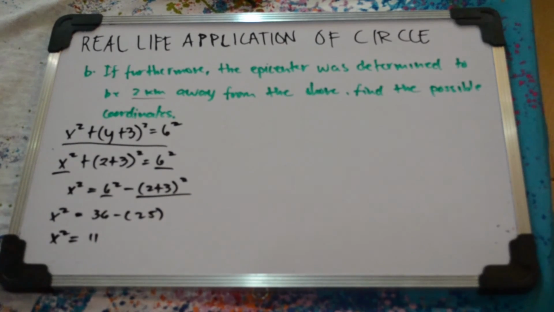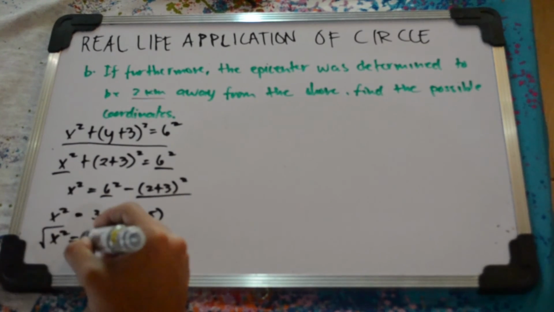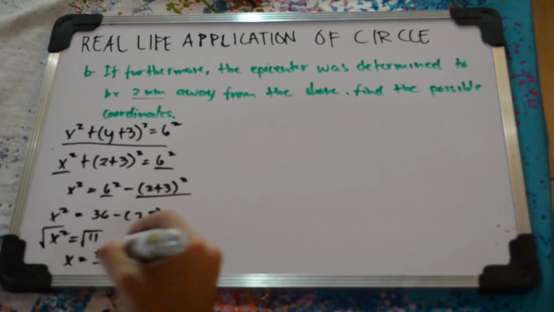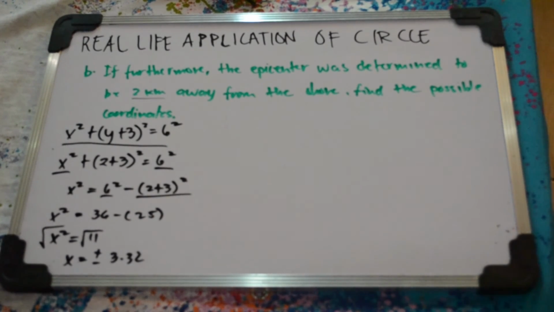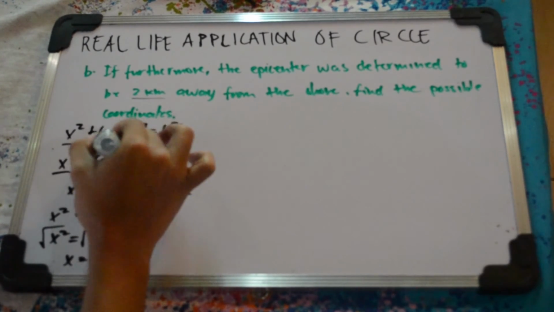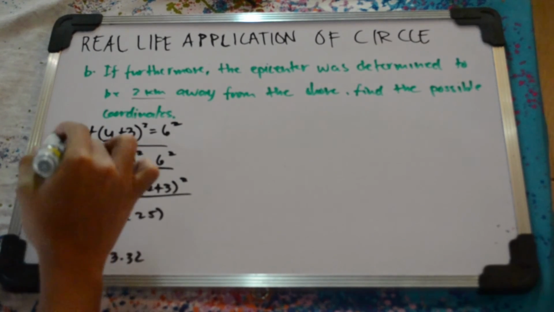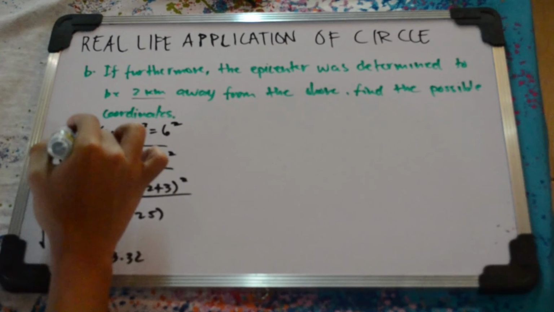So we need to find the x, so we need to take the square root of both sides. x is equal to positive or negative 3.32. Now, to find the y value, just substitute x squared equal to 11 here.